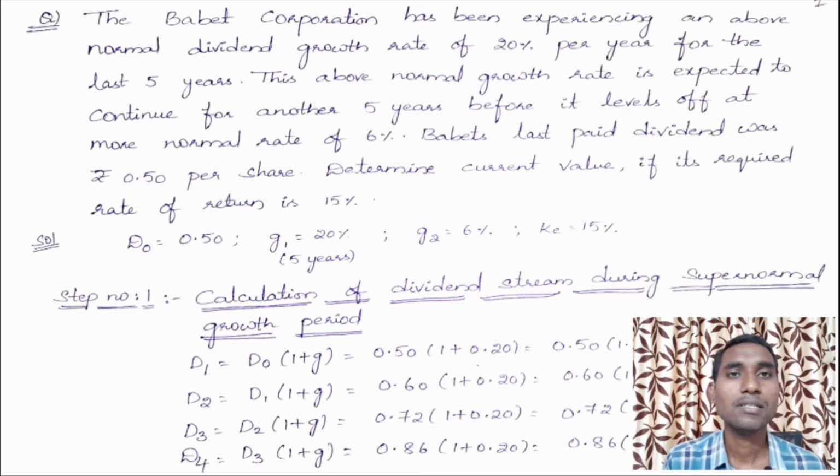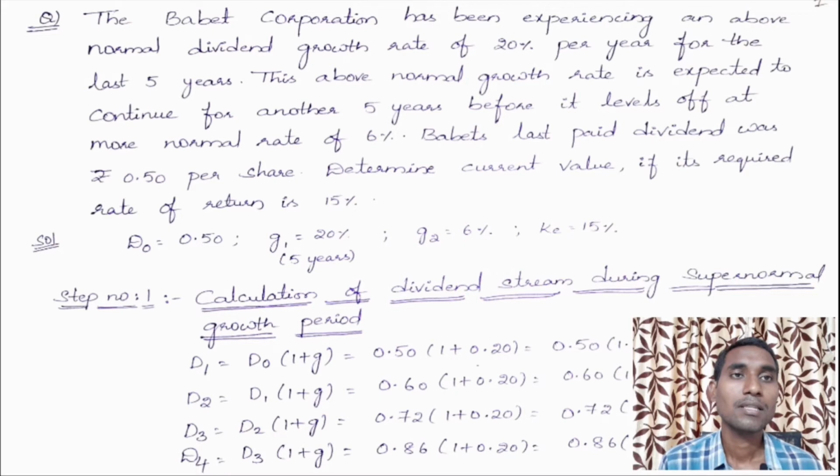Here the question says the Babbitt Corporation has been experiencing an above normal dividend growth rate of 20% per year for the last 5 years. See, he is saying that he has given one growth rate, that is 20% for 5 years. Now let us see further. This above normal growth rate is expected to continue for another 5 years.